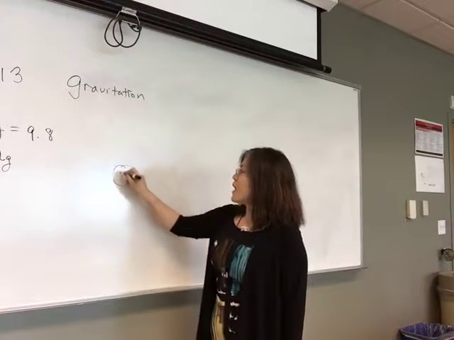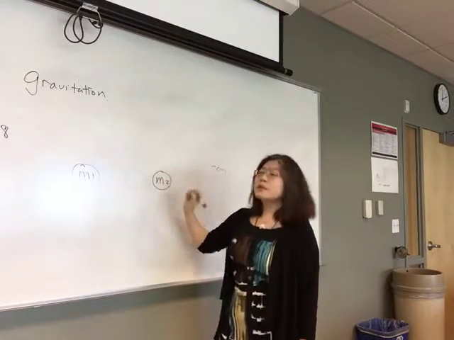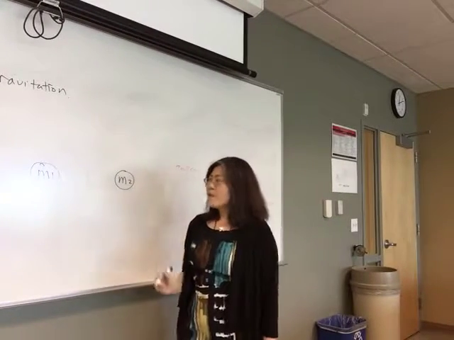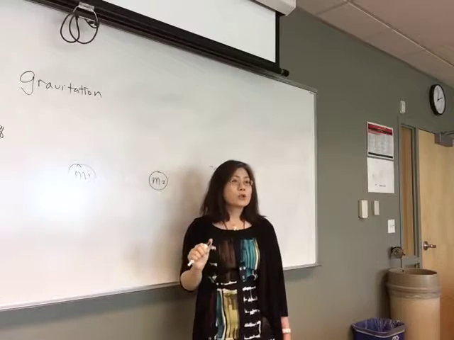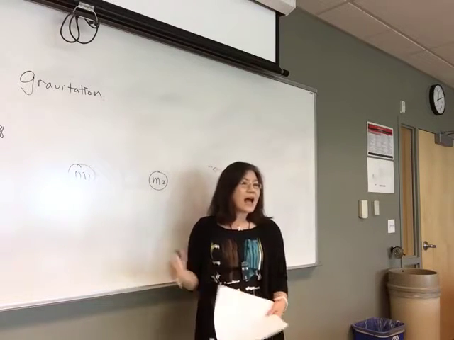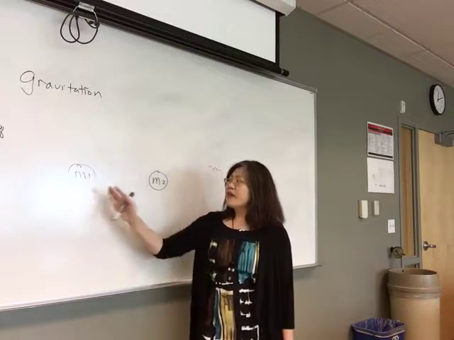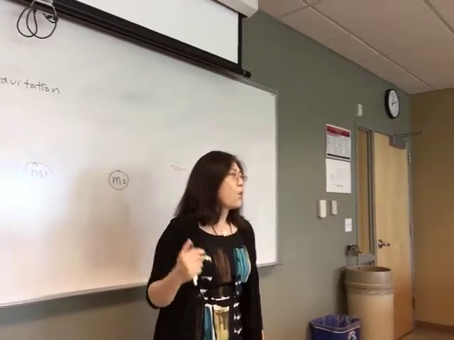If you have mass 1, if you have mass 2, they all come with the mass. What we found is that these two mass particles interact with each other. How do they interact with each other? They interact in a way that they exert forces on one another.